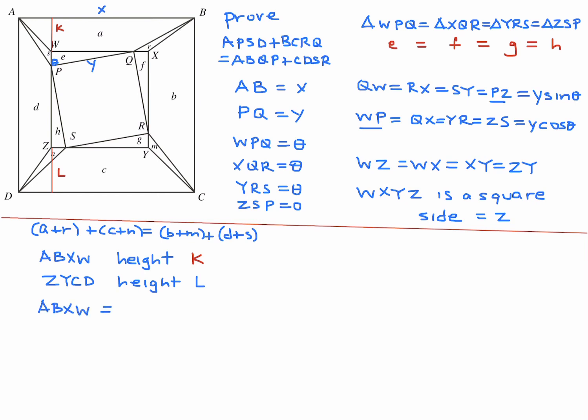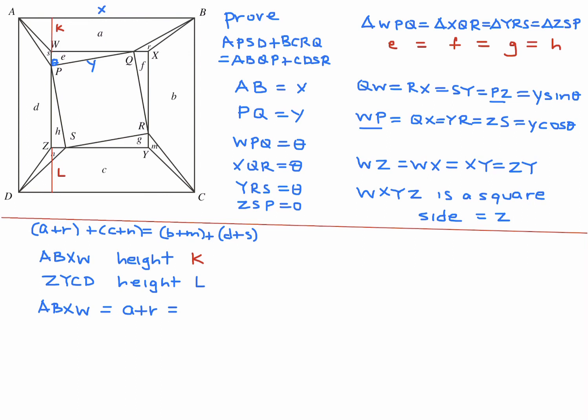ABXW is A plus R. But if you remember the formula that we had used previously, it's going to be this plus this divided by 2 times the height.